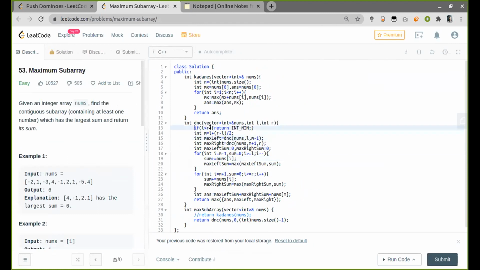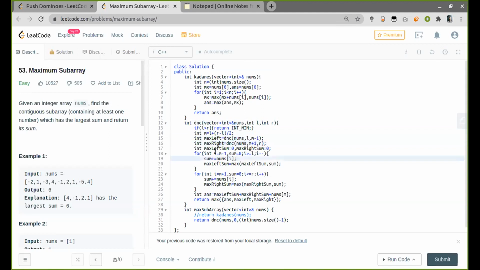So in the implementation, this is the base case where we need to set the pointers for which interval we are calculating the value. Then we will be dividing that interval into 2 halves. Then for each of the 2 halves, we will be calculating, which will be a recursive call.